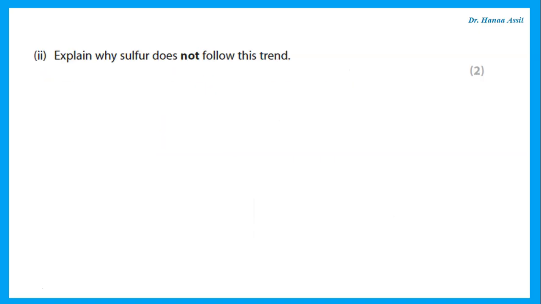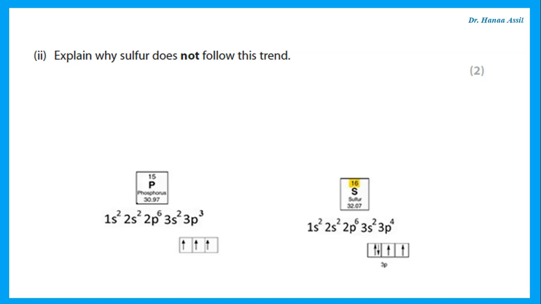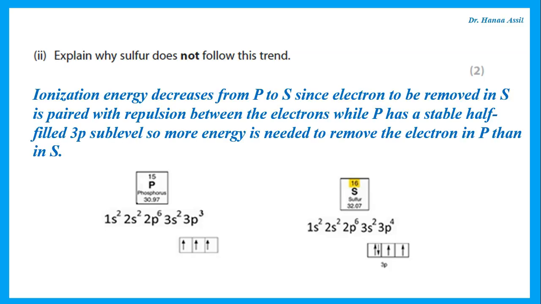Explain why sulfur does not follow this trend. Okay, let's go from phosphorus to sulfur. And the difference here is the phosphorus has a 3p3 configuration. That means we have half-filled p orbitals or p sublevel. The sulfur has a 3p4, and that means we have paired electrons which repel each other, and that makes it easier to remove that electron.